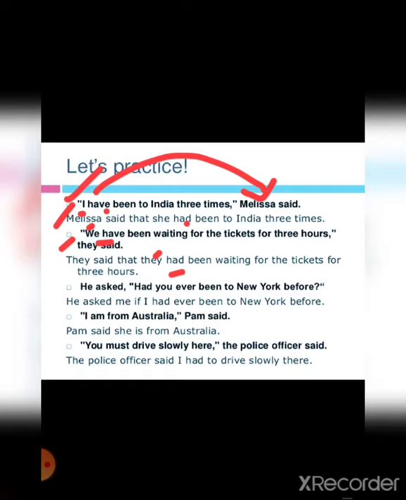The speaker over here is "they". So the pronoun will also be changed inside the inverted commas. So they said that they had been waiting for the tickets for 3 hours.